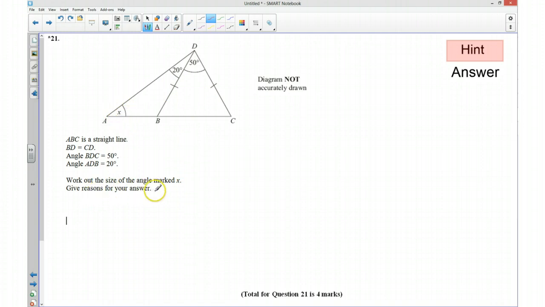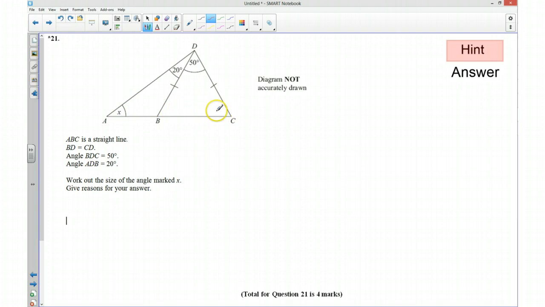Okay, so my hint here is that you may not be able to work out this angle directly. So I would have a go at working out all of the angles that you can, and think about how you're working them out and what angle rules you're using to work them out, and then see if you can finally end up at working this angle out.